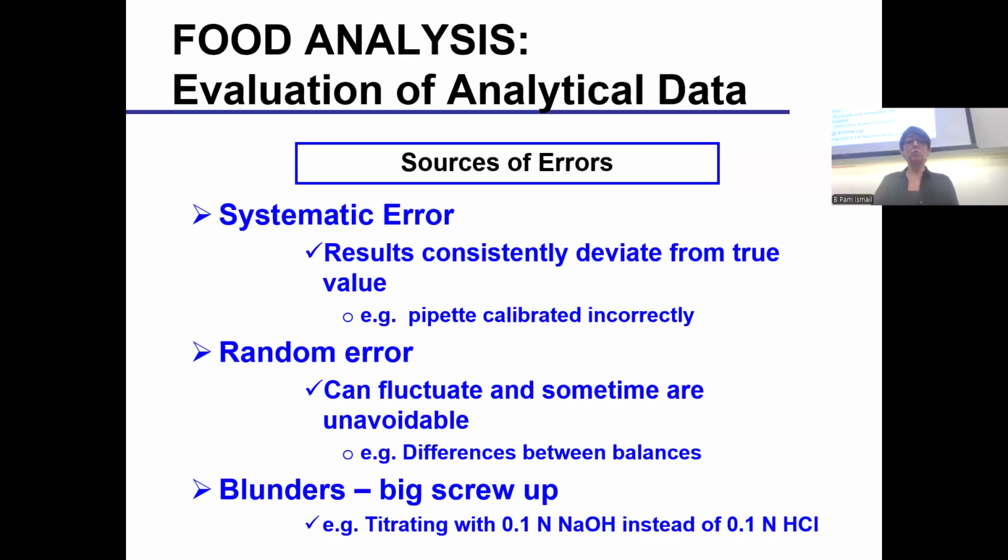Random error has to do most of the time with you. I give you a different example here, but most of the time you're the experimenter, you are in the lab, you might have some variation due to how you're pipetting, not exactly the same every time.